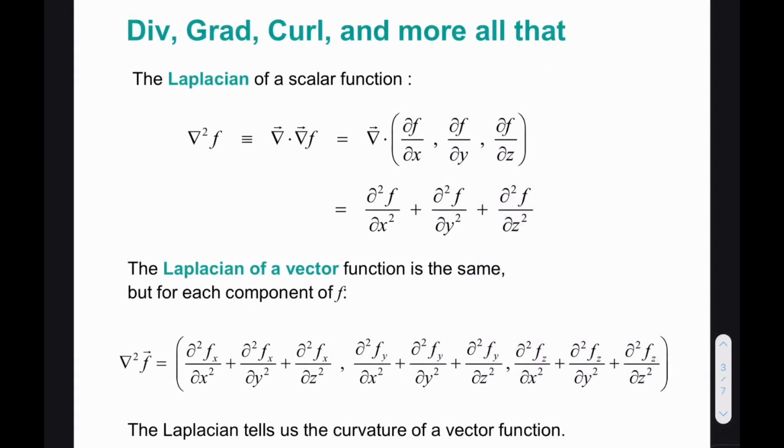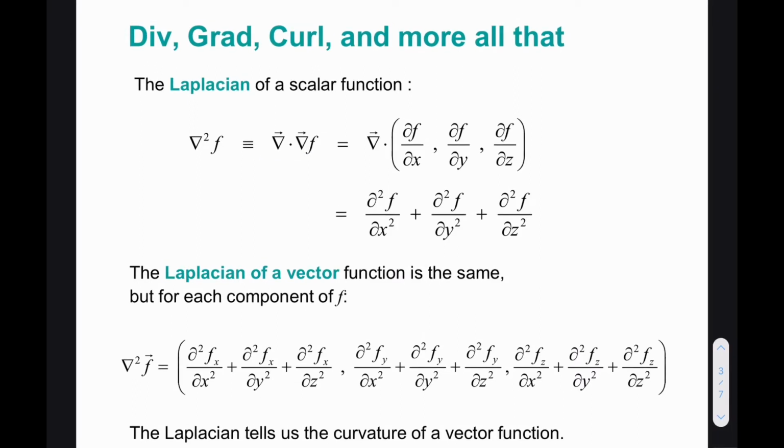Now, for our purpose, we need another operator which is known as the Laplacian operator. This is nothing but the del operator dotted with itself, which we denote by del squared.